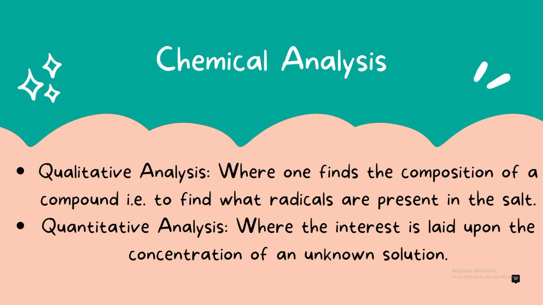Any calculations during the analysis can be done in two ways. The first one is using the mole concept, where balanced chemical equations are required. The second one is using the equivalent concept, where balanced chemical equations are not required. Therefore, a sound knowledge of the concept of moles and equivalence is mandatory before studying titration.